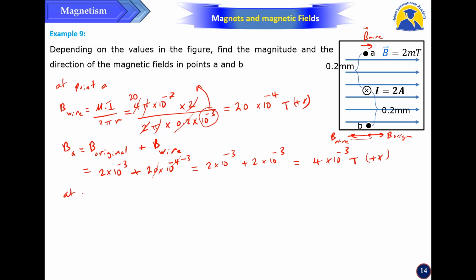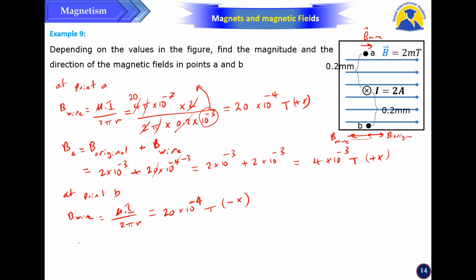So at point B, B wire will equal mu 0 I divided by 2 pi R. It will be the same, because the same distance, the same current, everything the same. So it will be 20 multiplied by 10 power minus 4 Tesla, but the direction is to the negative x-axis.